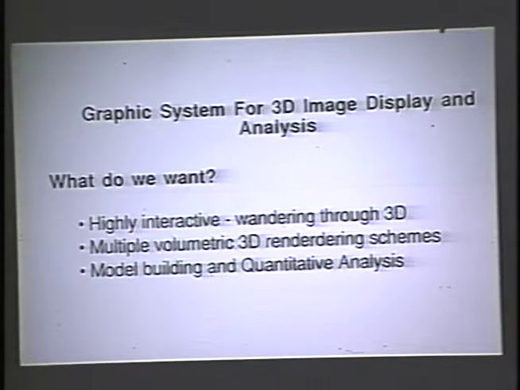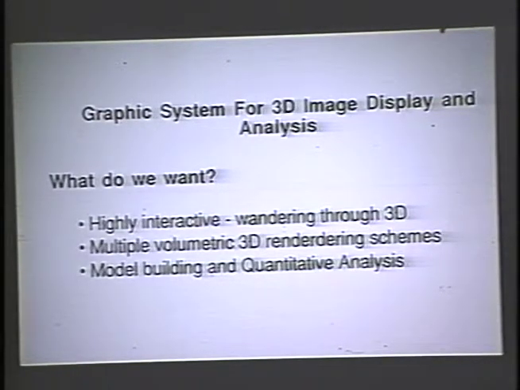And so what do we really want in a graphic system that allows us to deal with this data? What you want is something that's highly interactive, that allows you to wander through three-dimensional space, zooming in and looking close up in areas that you're interested in and pulling back in other regions to look at a more global view, or coming in from this angle or that angle.